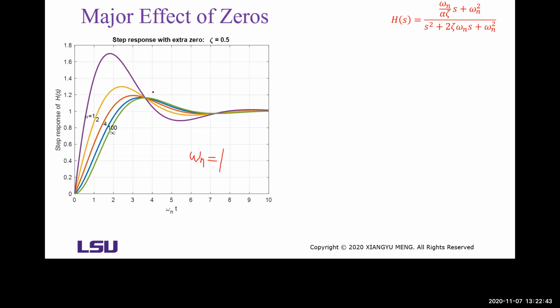The left plot shows when beta is 0.5, the bottom curve shows the standard step response when there are no zeros.